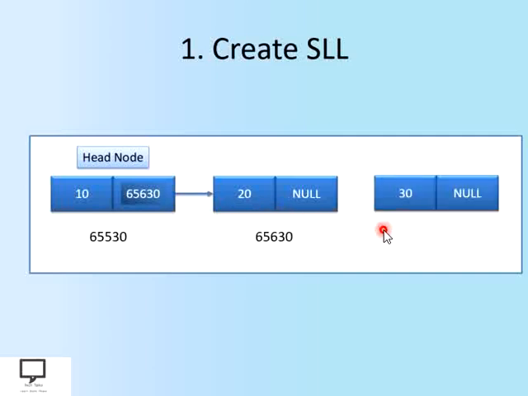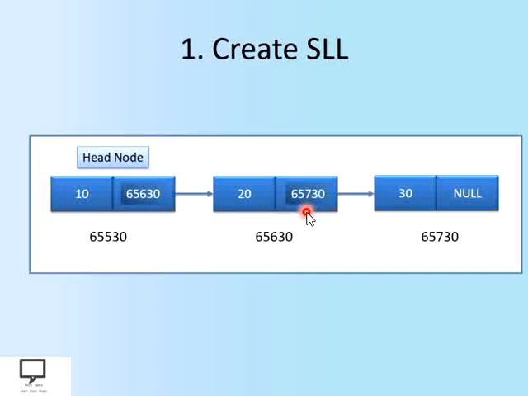Now let's create one more node. The node is created, its address is also assigned, and now let's again form a link between these two nodes by pasting the address 65730 into the next of this node. So now let's paste it and form a link.